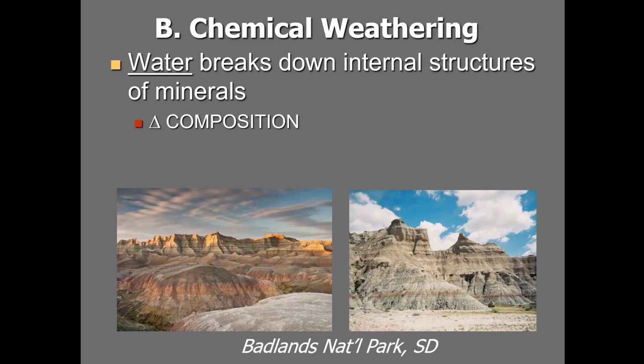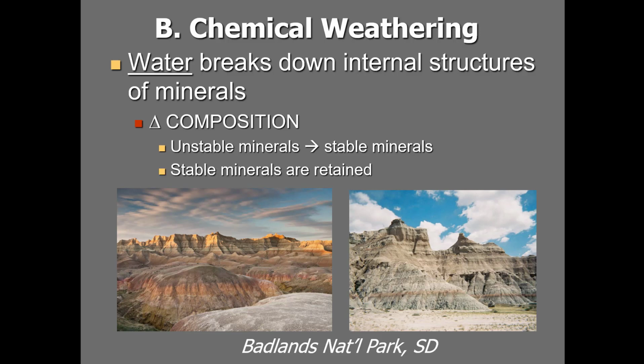During the chemical weathering process, because you chemically end up with something at the end that is different than what you started with, it is actually a chemical change in composition during this process, where unstable minerals, because they are in new environments, will recrystallize or chemically react to turn into minerals that are stable under these current temperature and pressure conditions.